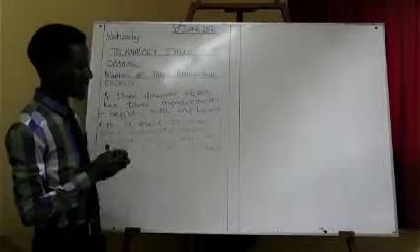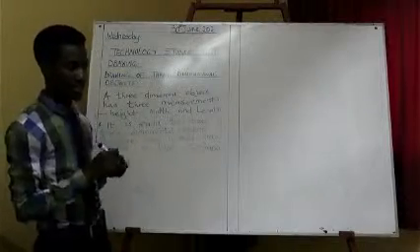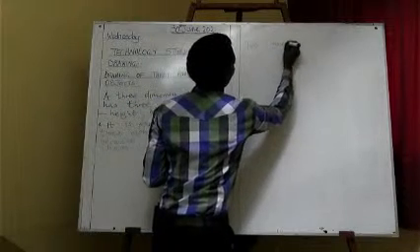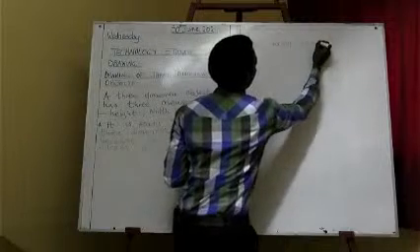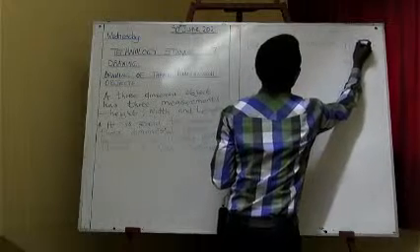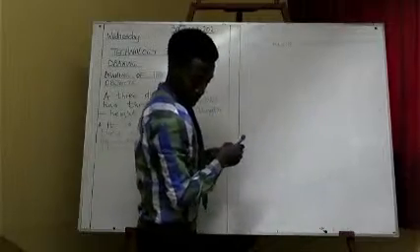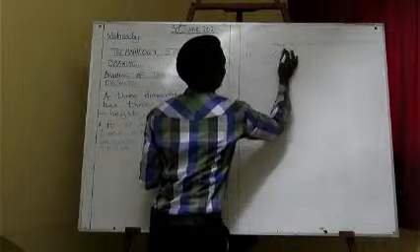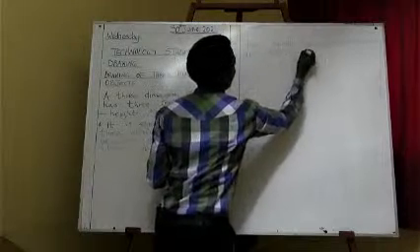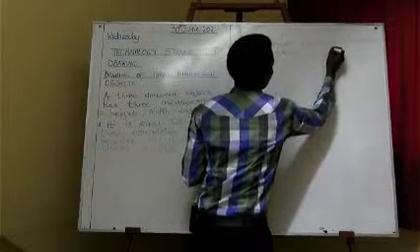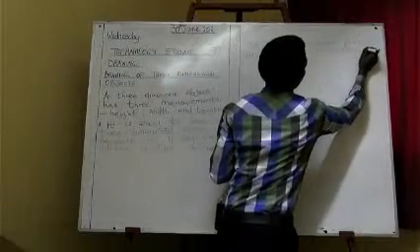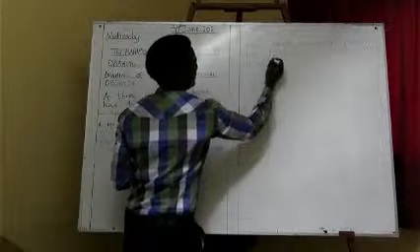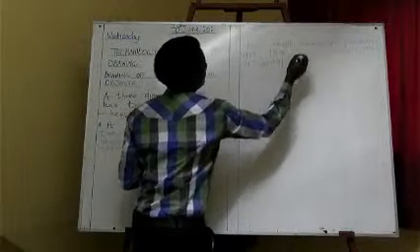On projection, the two most common projections are isometric projection and orthographic projection.